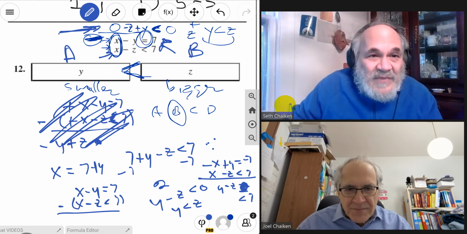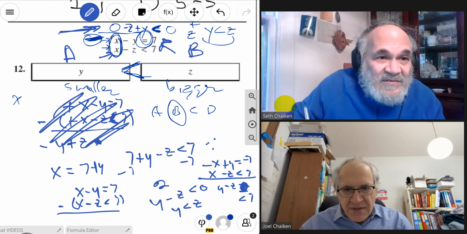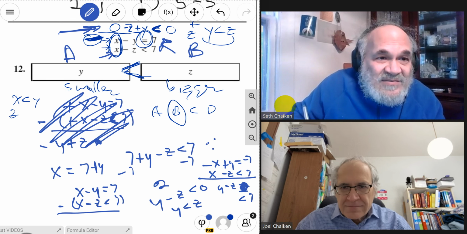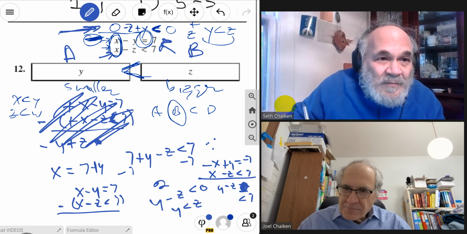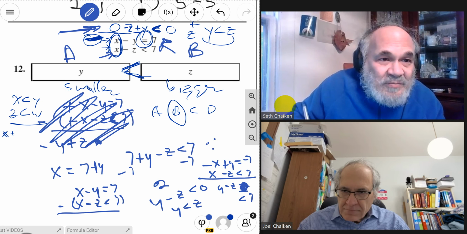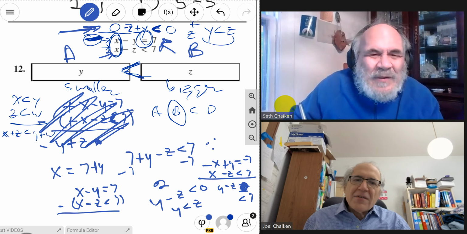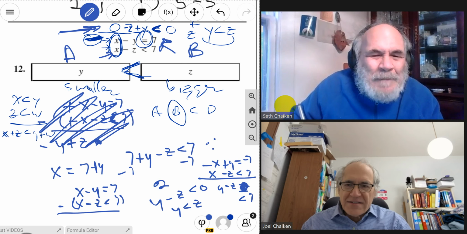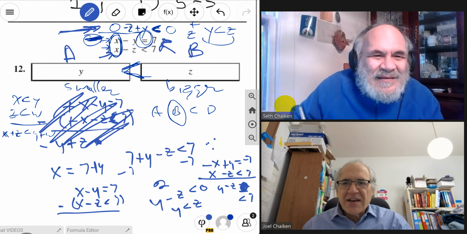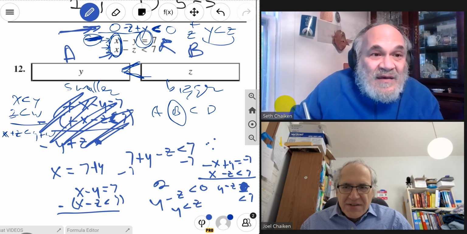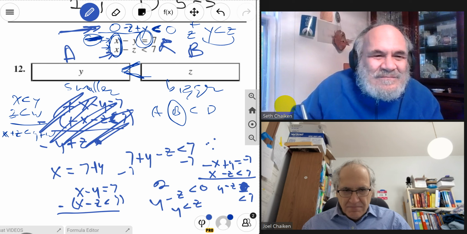But if you have x is less than y and z is less than w, you can conclude that x plus z is less than y plus w. Right. I see. That's even a stronger thing. If x equals y, then z plus x works too.